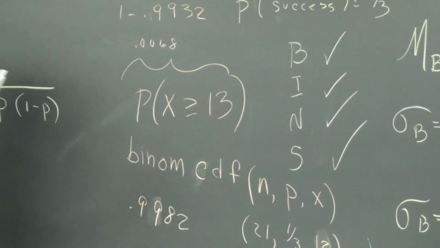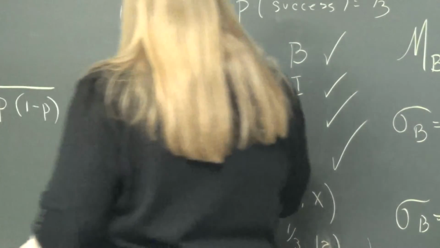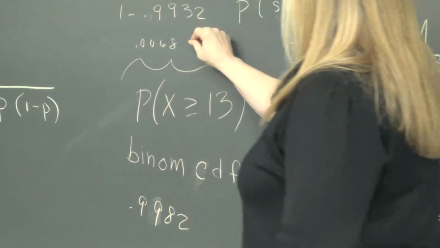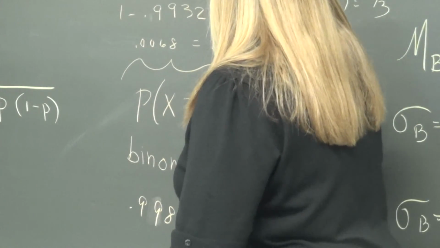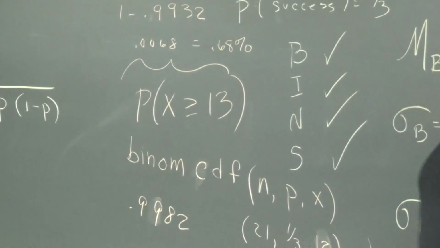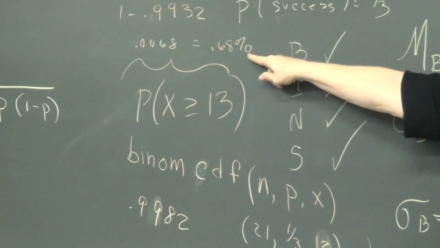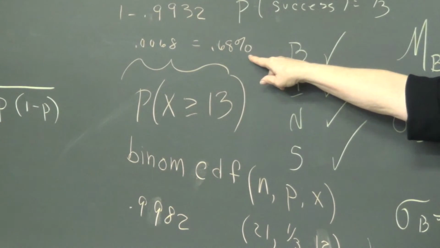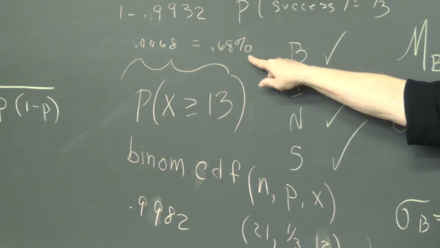Is it really that low? Okay, so we're saying that is 0.68%, very low. So the probability of that happening just by chance is 0.68%. So is that going to happen just by chance? It is not. So therefore they do have skill.